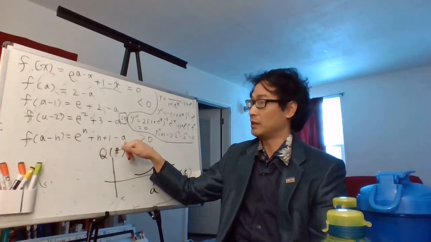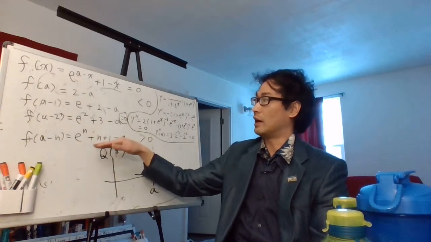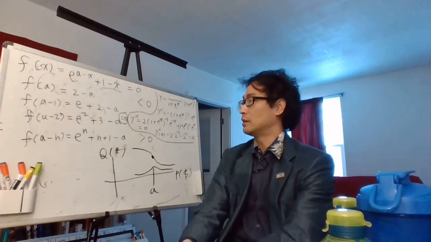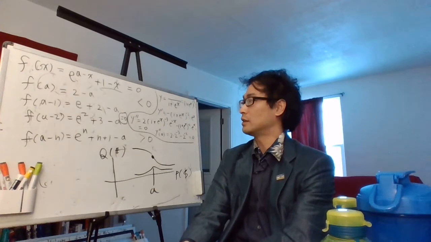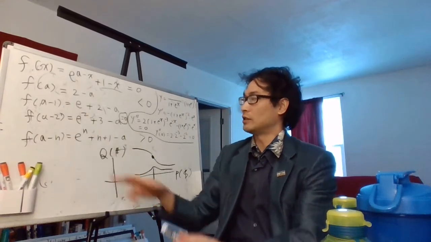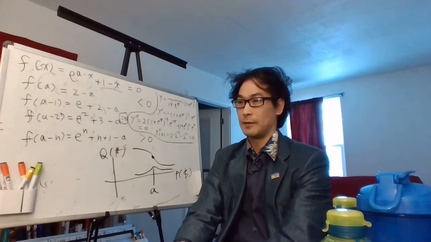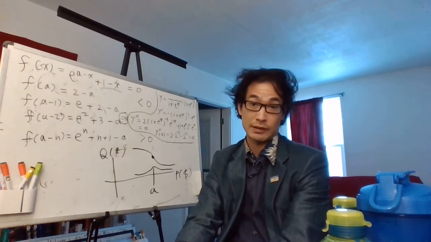If a is very big, then the local maximum happens further down, right? Because we want this to be zero. What is this? It's the differentiation of the revenue function.